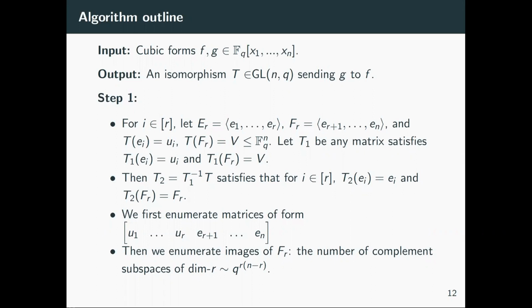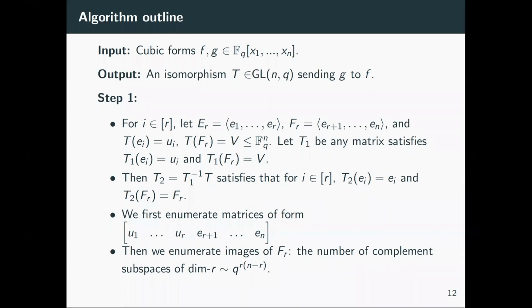We say that Ui is the first R columns of isomorphism T, and T F_R is equal to V, a subspace of F_q to the n. Let T1 be any matrix satisfying T1 Ei equal to Ui and T1 F_R equal to V. Because T is equal to T1, T2, we have T2 is T1 inverse T, and it satisfies that for i from 1 to R, T2 Ei is Ei and T2 F_R is F_R.